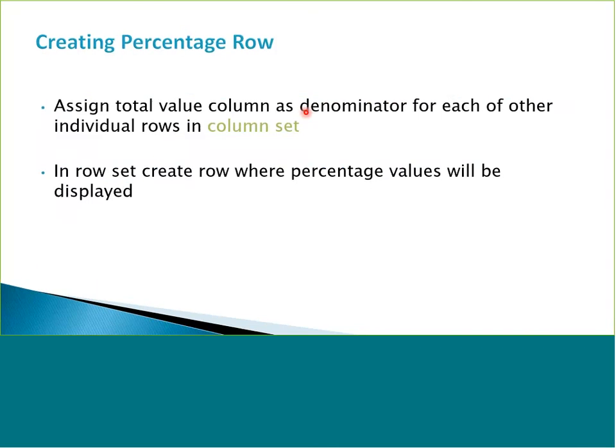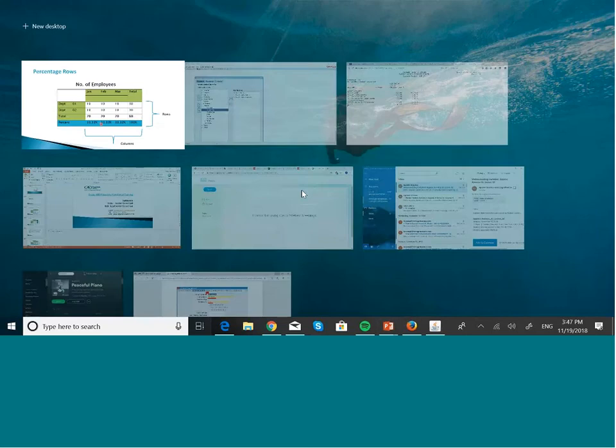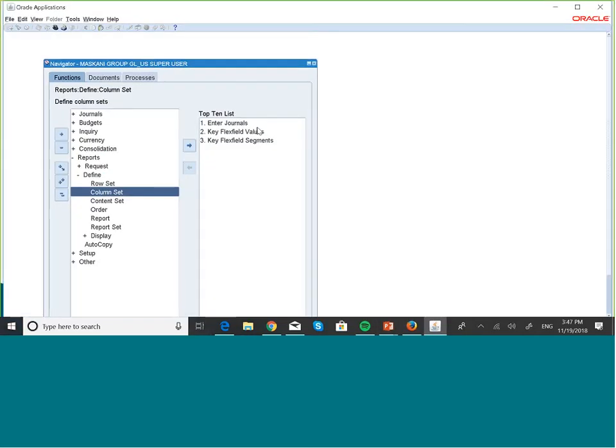In our row set, we are just going to modify it and add a percent row. Then we are going to create a column set that has budget amounts for maybe 2 periods plus the total. Just like the previous example, we're not using an example that shows number of employees, but rather budget amounts. Okay, so let's start with the column set.